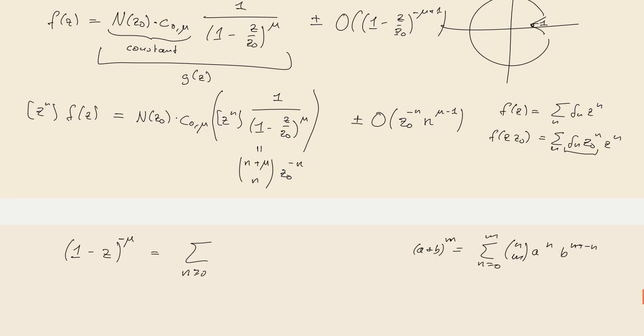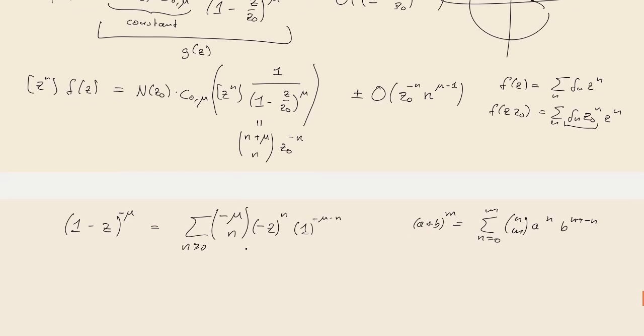And you can generalize this to actually any real number m, which is pretty cool. And in that case, the sum gets infinite. But you still have binomial coefficients here, but generalized ones, where you also allow any real number up here. And then you get one term, and the other is this 1. And you can write it like this.